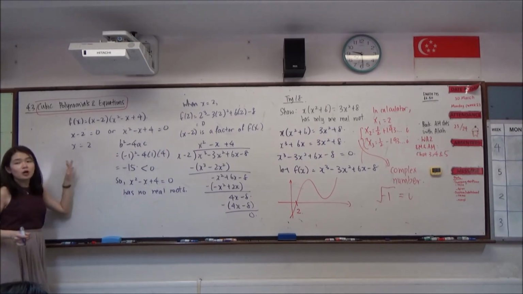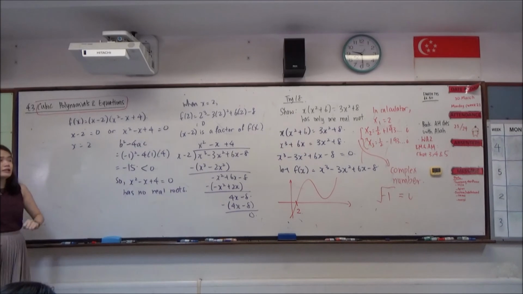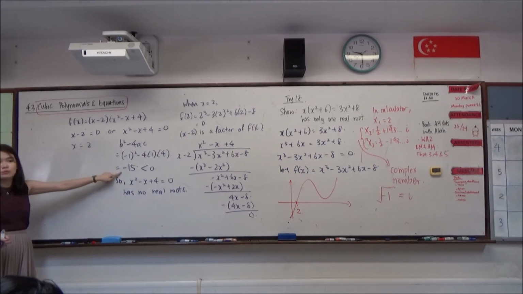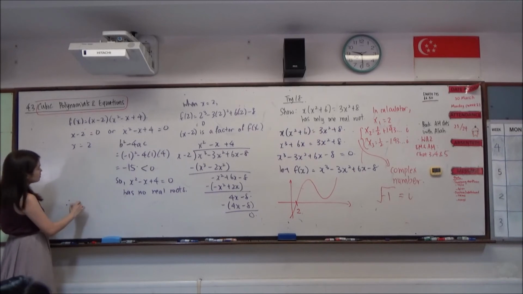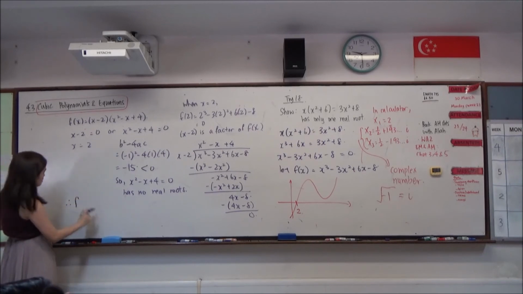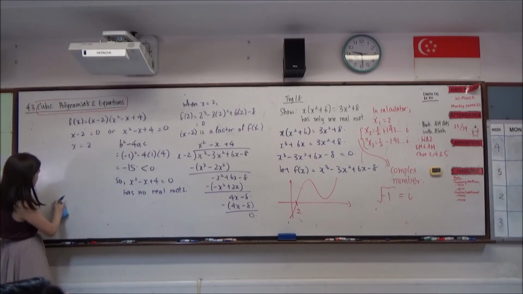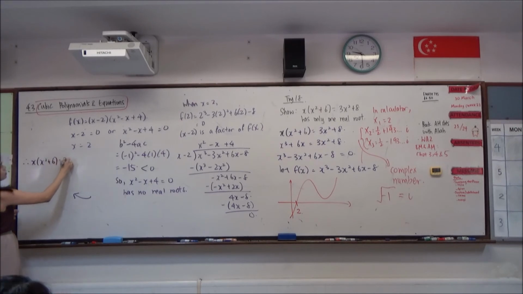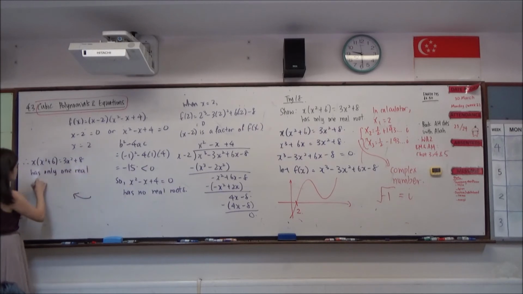So with these two portions, we can see very clearly there is only one real root. This one doesn't generate any real roots. So therefore, answering the question clearly, x times (x squared plus 6) equals 3x squared plus 8 has only one real root.